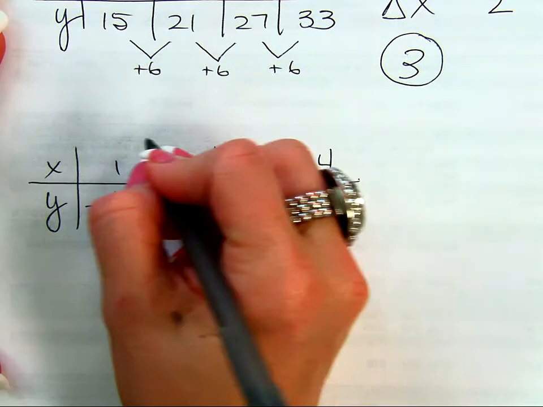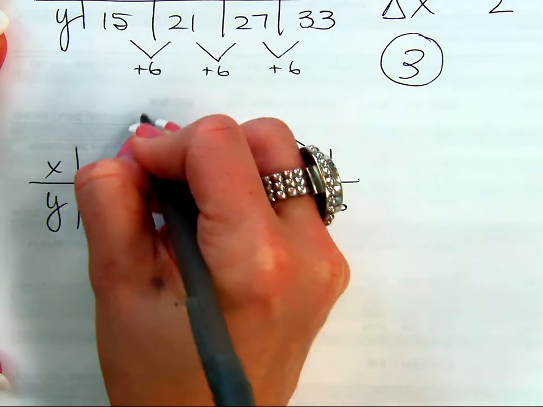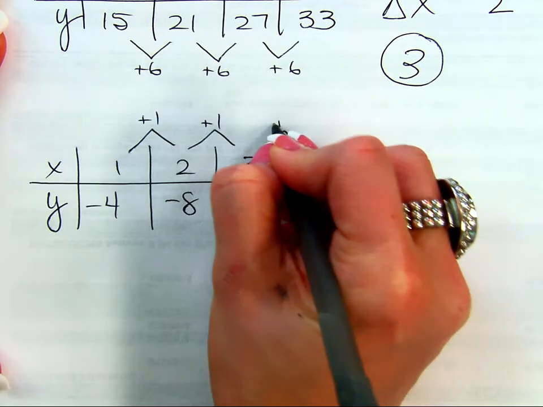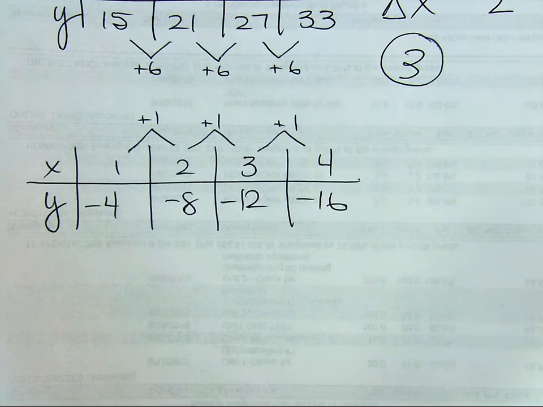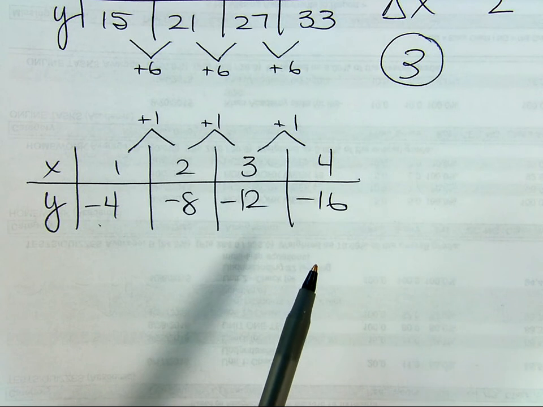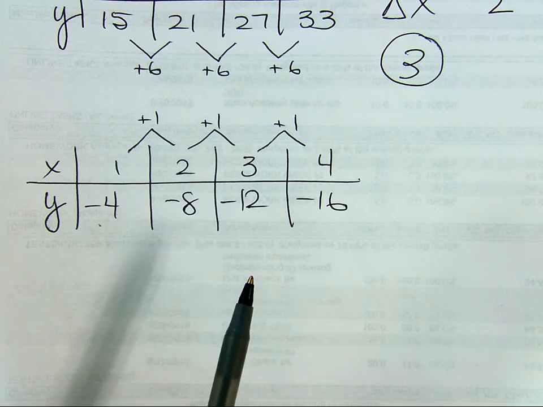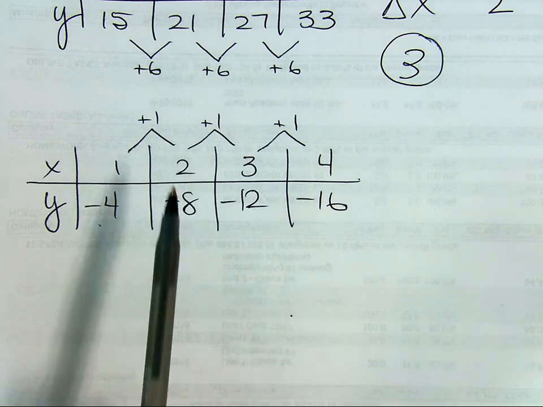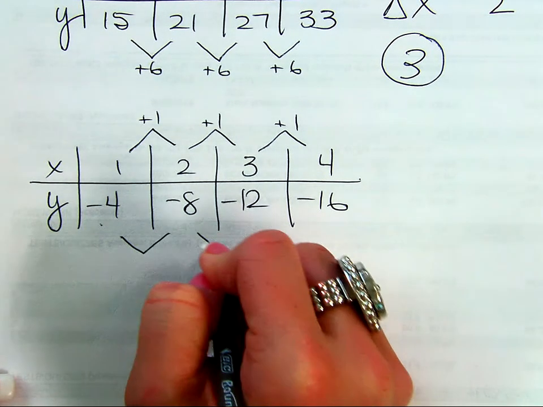So the good news is it's going up by 1s, so I don't have a lot of work to do here. All I have to do now is find out what these are going by. And sometimes your rate of change doesn't always go up, right? Could this be, well, you tell me, what's happening here?